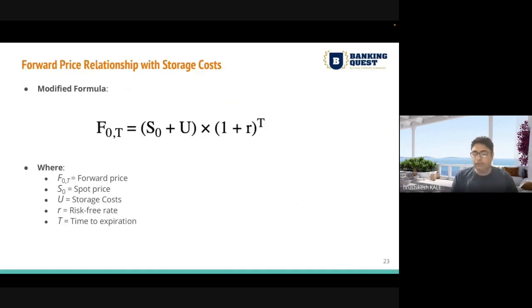Yes, let us take a few examples of arbitrage opportunities. But before that, let us speak about storage cost and convenience yield. Suppose U is the storage cost. Because it is a cost, it should be added. And if it is income, it should be subtracted.